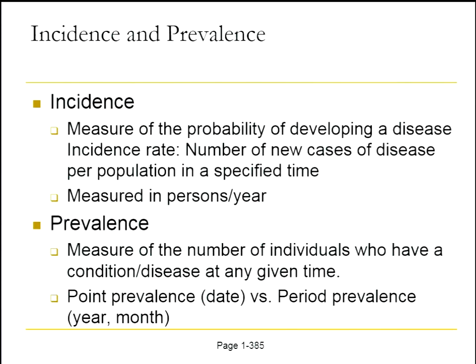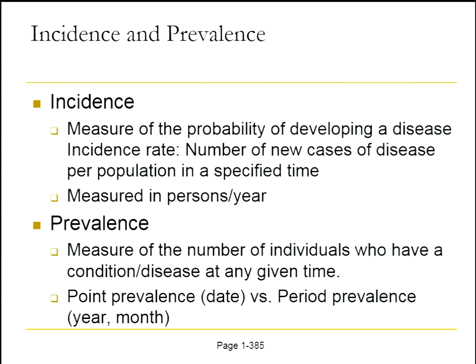A couple of related concepts related to observational study designs are incidence and prevalence. They're defined on this slide: incidence is the measure of the probability of developing a disease. The incidence rate would be the number of new cases of a disease that happen in a population in a specified amount of time, typically represented in persons per year or person years.